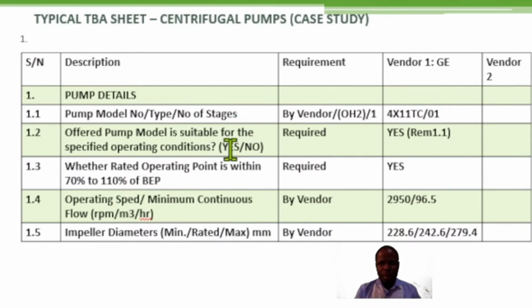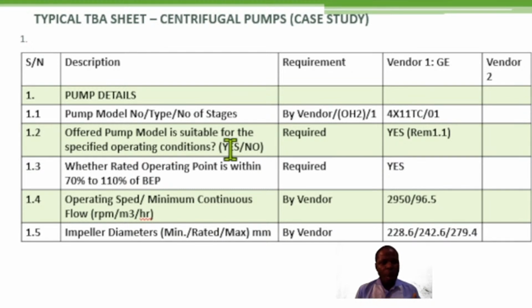So the vendor must have indicated what you know as the preferred operating region and the allowable operating region on the characteristics curve, because these are the things that you will need to check when you are carrying out technical bid evaluation, when you are analyzing the bids submitted by the respective vendors.